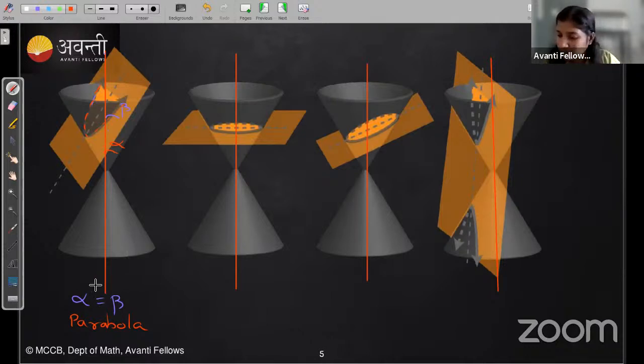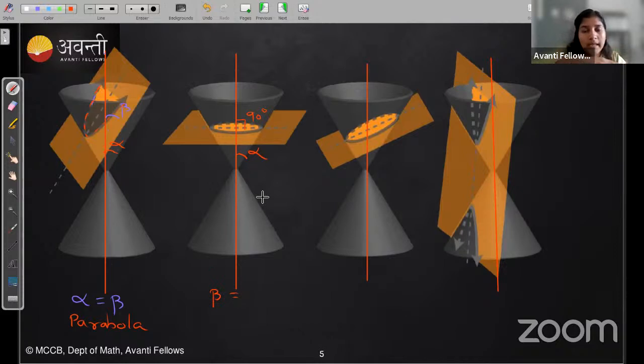Okay, guys? Well then, next is this. In this figure, you can see a plane is cutting the cone perpendicular to our central axis. So the angle between this plane and our central axis is 90 degrees here, and this is our alpha. So what is the angle beta here?